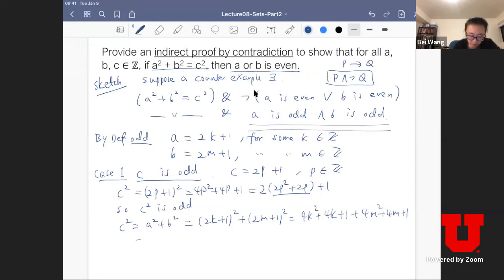You get something like 2 times (2k squared plus 2k plus 2m squared plus 2m plus 1). Again, by closure property, this thing here is an integer. So you get c squared is even. And now you have arrived at a contradiction. So that's case number 1.